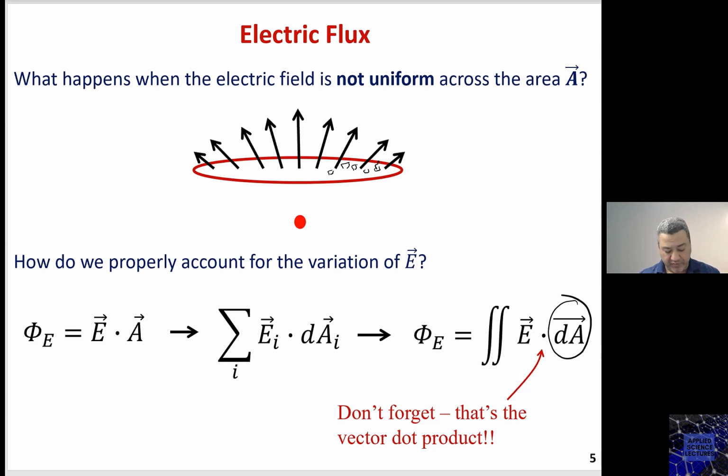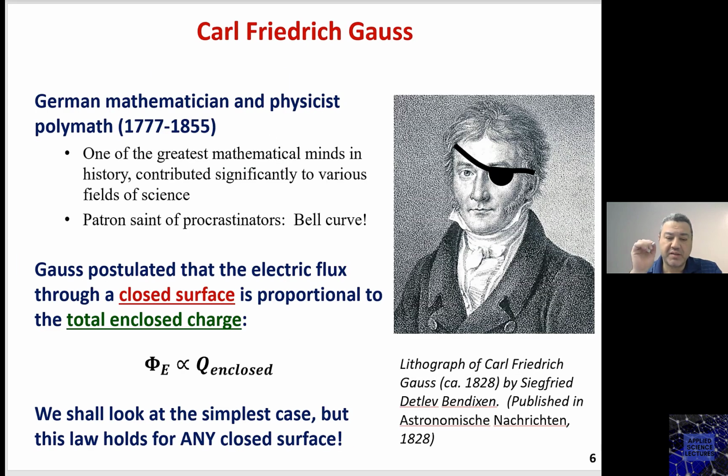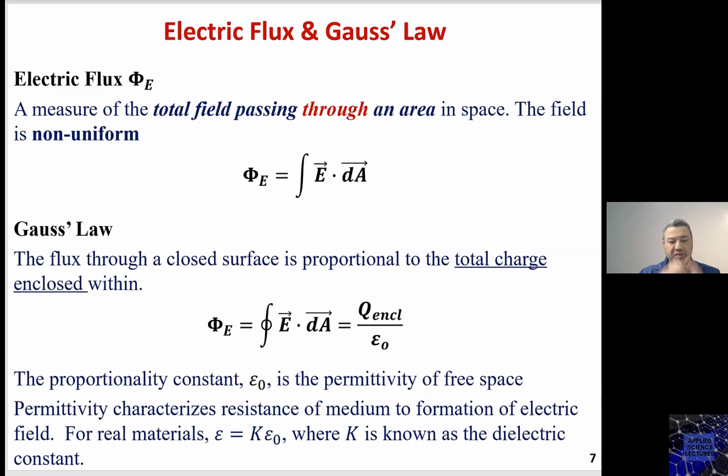However, we will simplify it, as we will see later on. Gauss's law says that the flux through a closed surface is proportional to the charge enclosed within that surface. So you can think of this closed surface in Gauss's law as a balloon, for example, that has the charges inside, and we're going to talk about the shape of this balloon or closed surface.